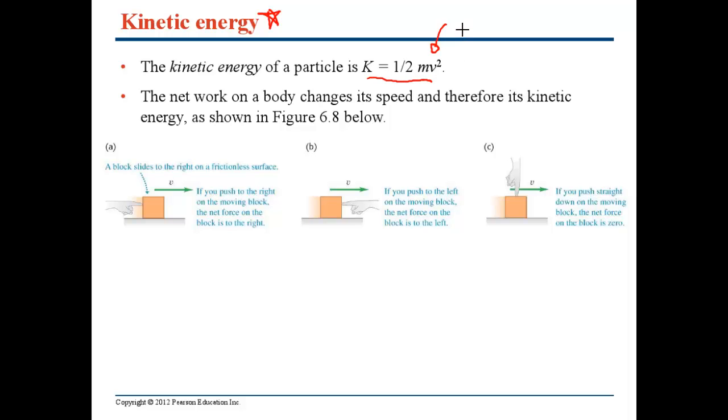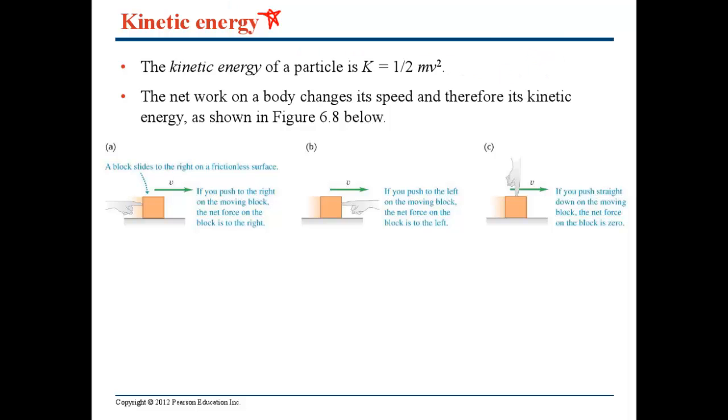I'll note that v is going to be a scalar. It's not going to have direction associated with it. Kinetic energy is also a scalar. It doesn't have a direction associated with it. It doesn't care if a particle is moving to the left with some velocity or to the right with some velocity. I'll also mention that work does not have a direction associated with it as well.